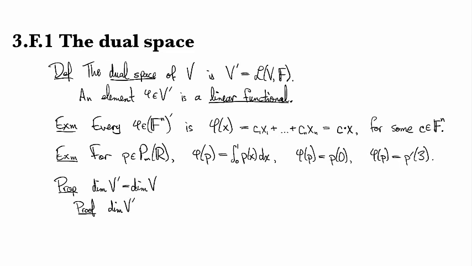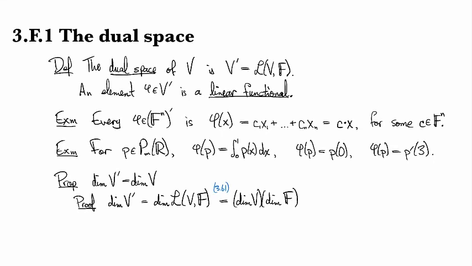The dimension of V prime, so that is by definition the dimension of the space of linear maps from V to the scalar field, is by our previous result 3.61 the dimension of the product, and so this is by 3.61, and the dimension of F is just 1 as a vector space, so that's just the dimension of V.